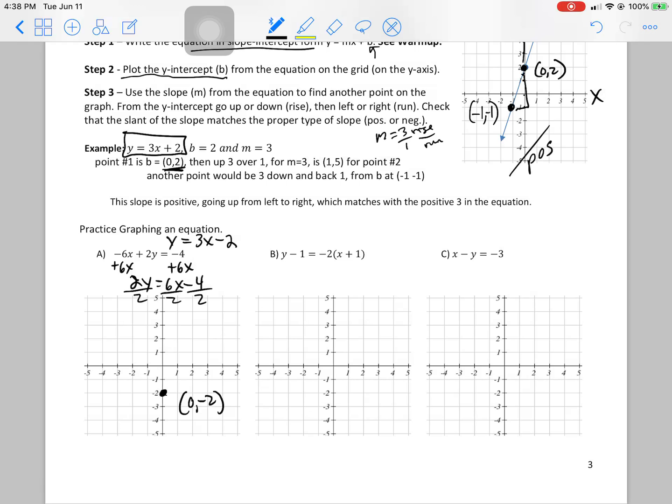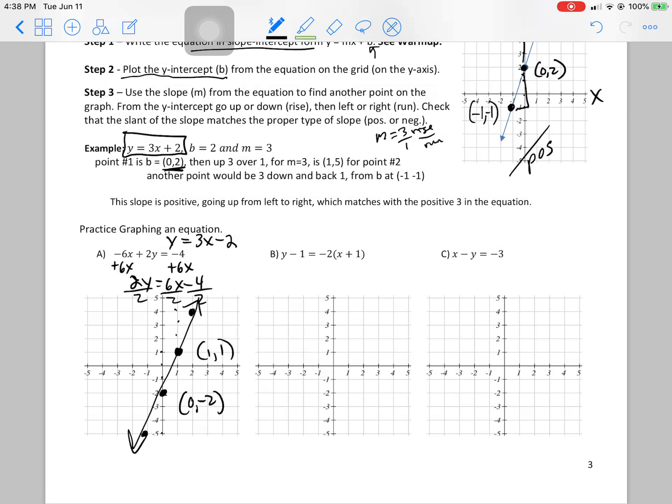And then our slope is still positive 3. So 1, 2, 3 up and 1 over puts it there. Notice it's the same tilt as the other. It's just in a different spot. You can go 1, 2, 3 and over to put another dot if you want to. You can go up 3 more and put another dot. These are all solutions to this linear equation.